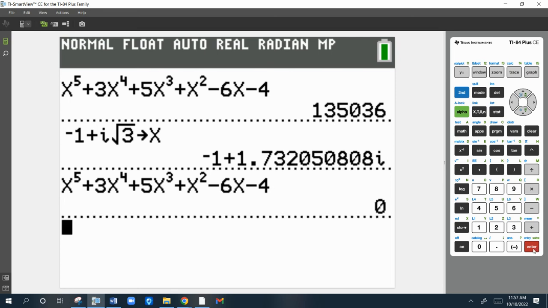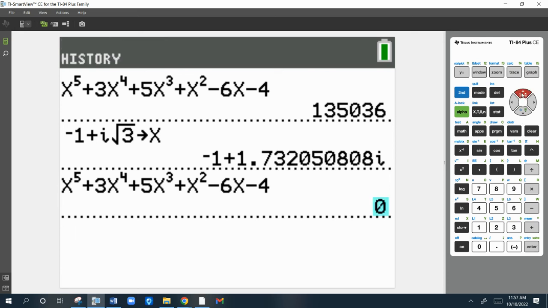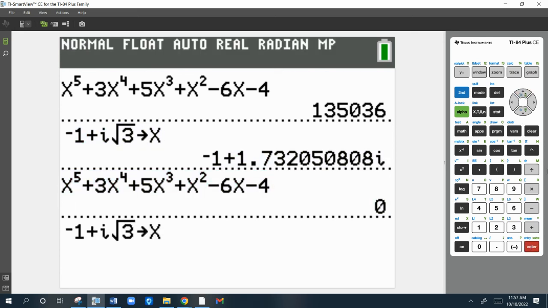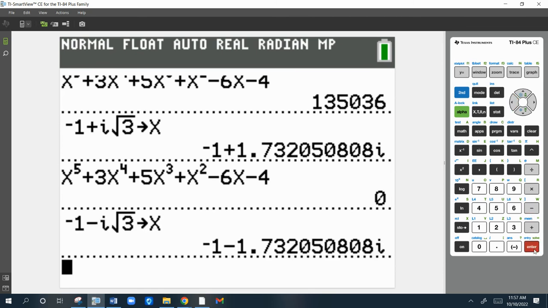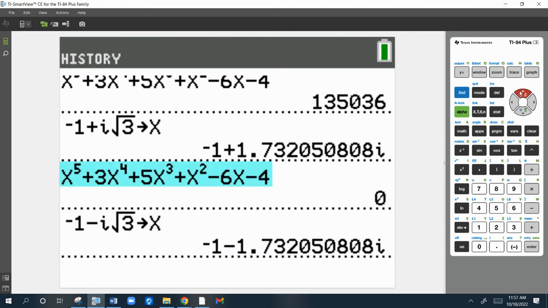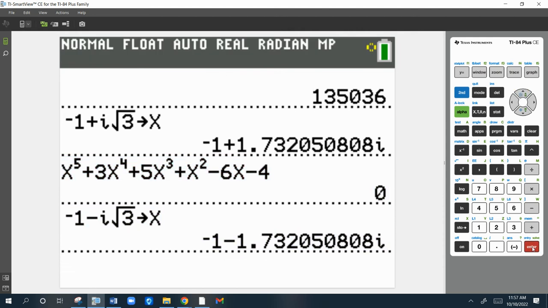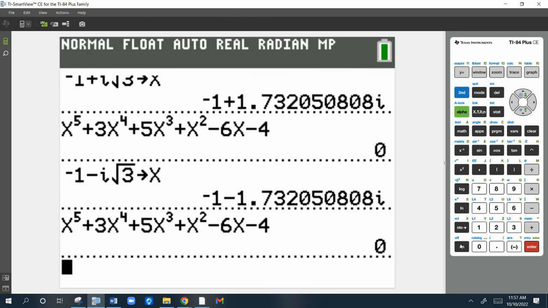And I do. So now I can check the other one, which is going to work because it's a complex conjugate, but I'm just going to make sure. I'm going to change this now to minus. Now that's what's stored in for x. So now if I plug this equation in again, I should get 0. And I do. So that checks it.